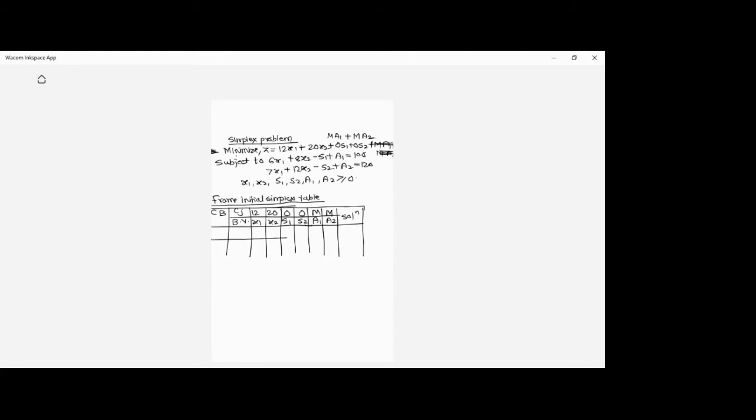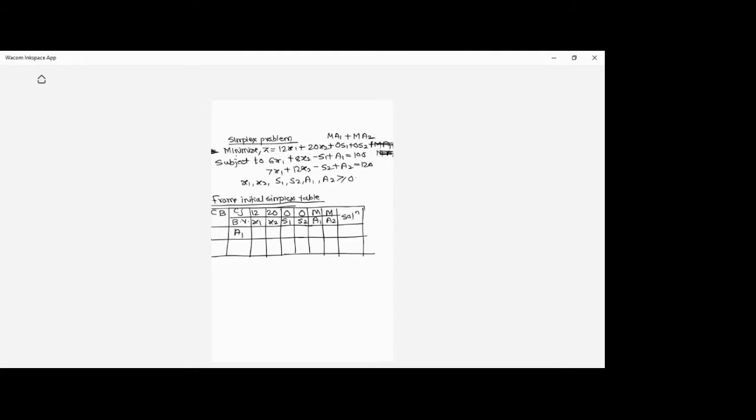Now, the number of basic variables that you are going to take depends upon the number of constraints. Here we have 2 constraints, so we are going to consider 2 basic variables. A very important thing: if in the constraint you have both a slack variable and an artificial variable, the artificial variable is to be given priority for the basic variables.